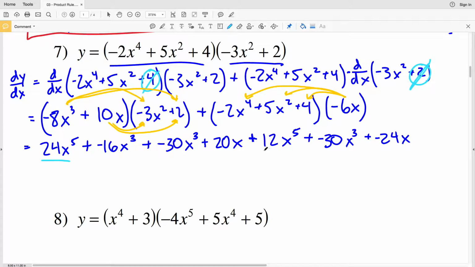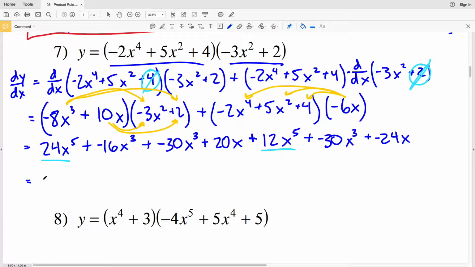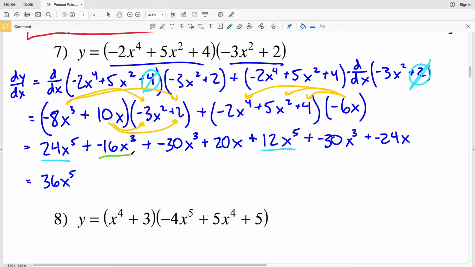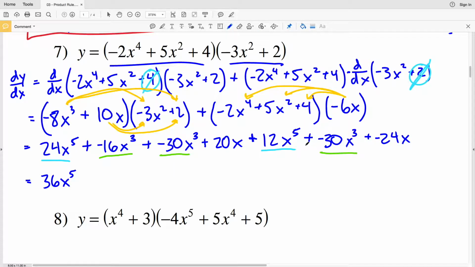24x to the 5th can be combined with 12x to the 5th, and that's going to give me a positive 36x to the 5th. Now I'll be able to combine negative 16x cubed, negative 30x cubed, and negative 30x cubed. Well, negative 30 plus negative 30 is negative 60, and when I subtract 16, or add a negative 16 to that, that's going to be negative 76x cubed.